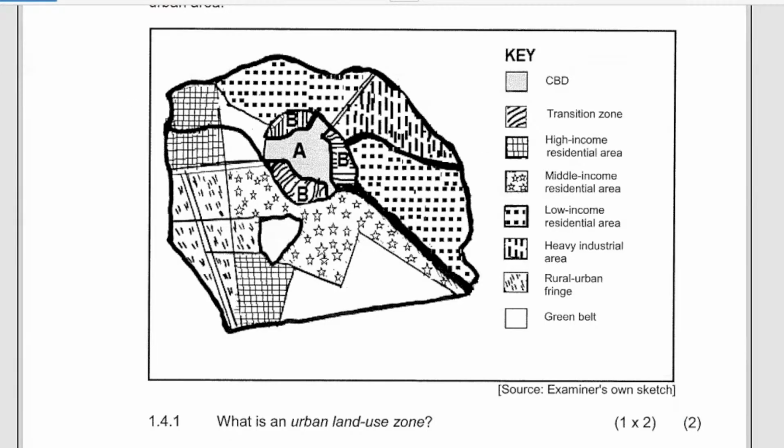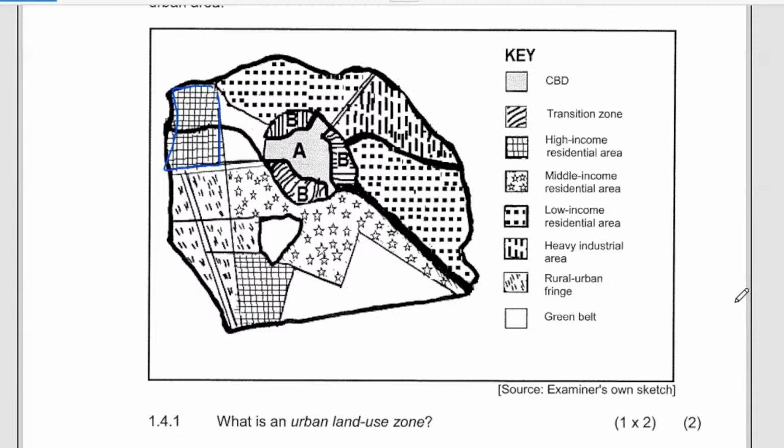So we want to identify the factors which have influenced the location of the high income area. We must use what we are seeing on the map and try to justify why that area is located on that particular part.